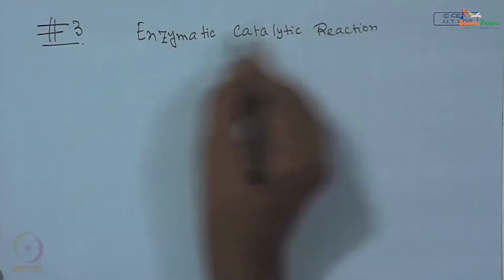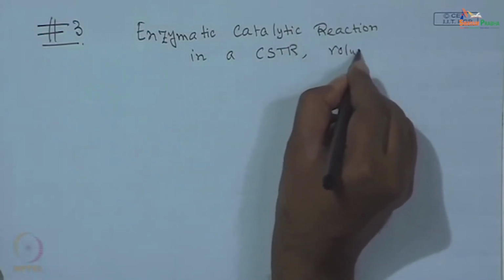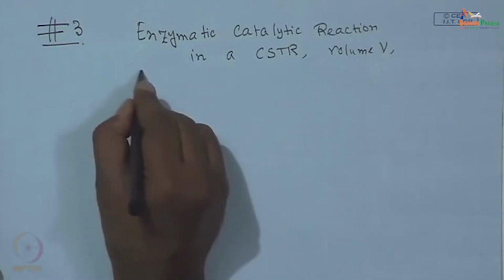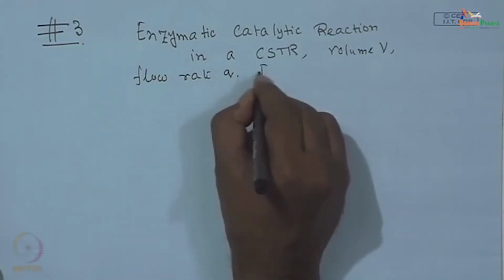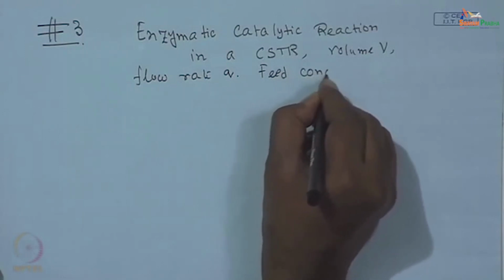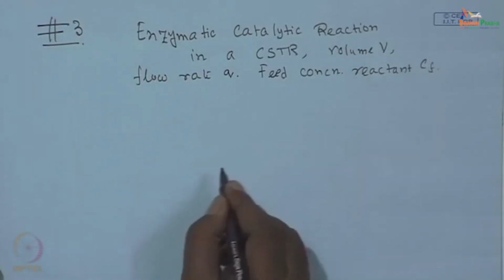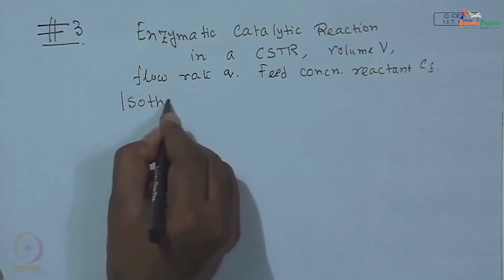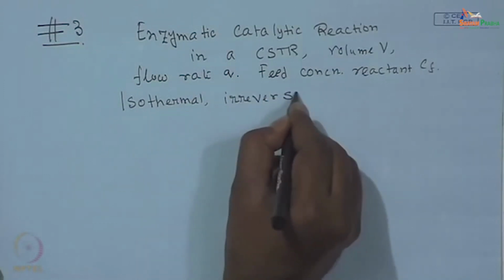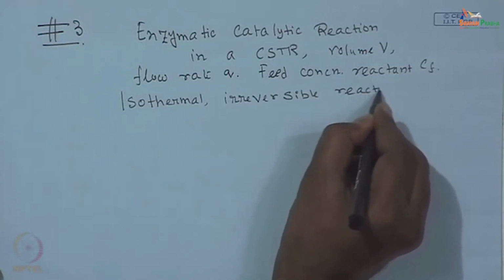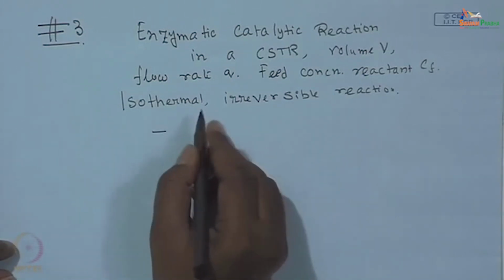Reaction occurring in a CSTR with volume V, flow rate Q, feed concentration of reactant as earlier is Cf, and again it is an isothermal irreversible reaction, but the rate expression is different in this problem.